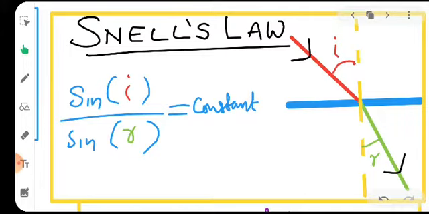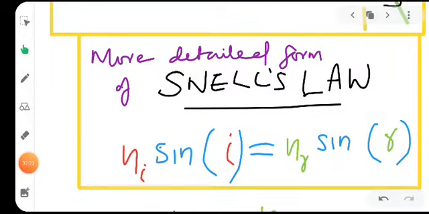So how does this work to solve our problem? For that, we will have to look at a more detailed version of Snell's law itself. See, this version is not in your syllabus, but let me just show you how these things work.